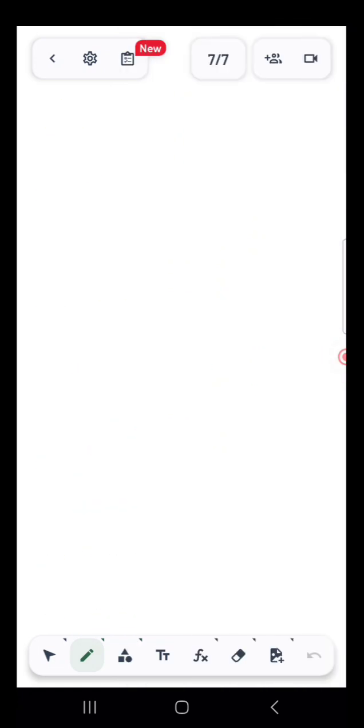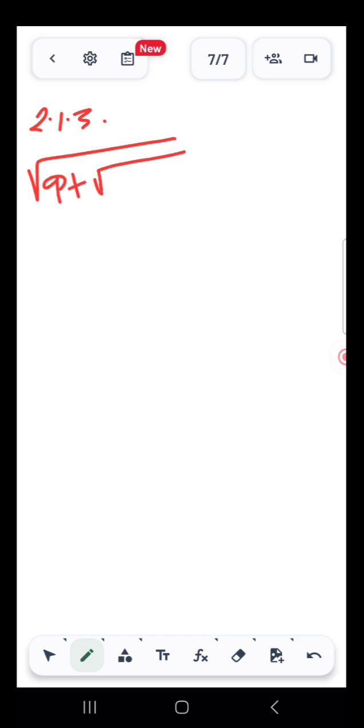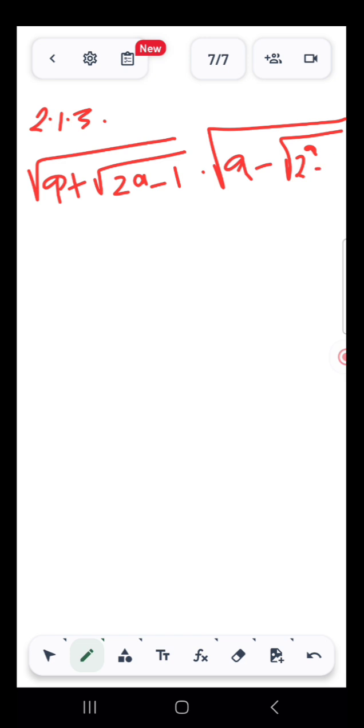So it's 2.1.3, and then we have the square root of a plus the square root of 2a minus 1, multiplied by the square root of a minus the square root of 2a minus 1.